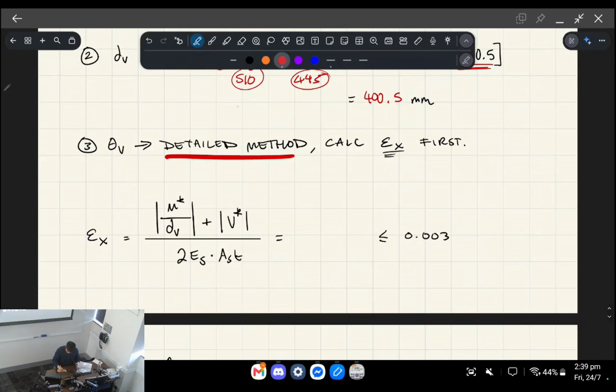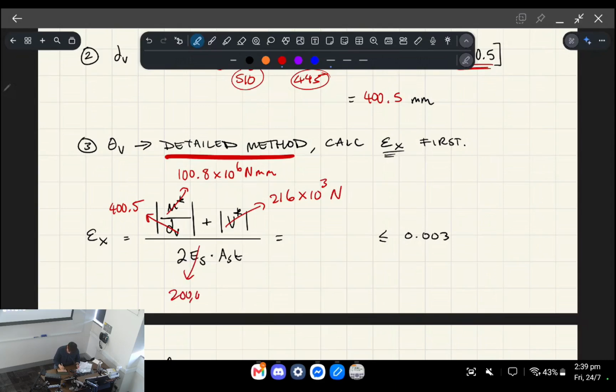So that's this formula. M star was the design moment, which we calculated a moment ago, except we have to multiply it by 10 to the power of 6 to get it in newton millimeters. dv we calculated just now. And then V star, again, we got the answer in kilonewtons, but we want it in newtons, so we multiply it by 10 to the 3.